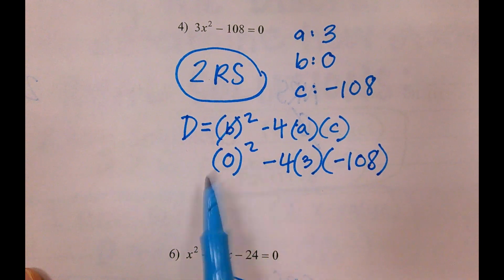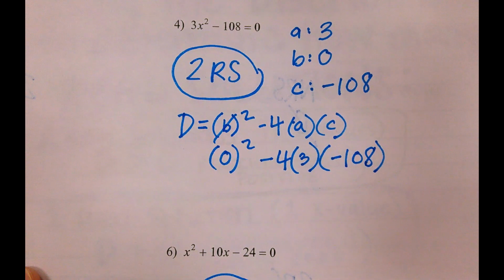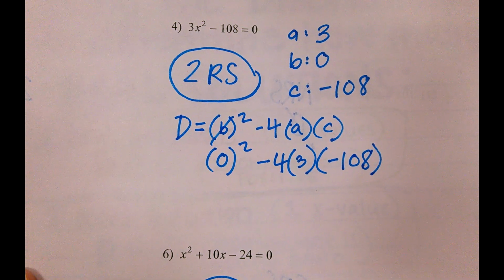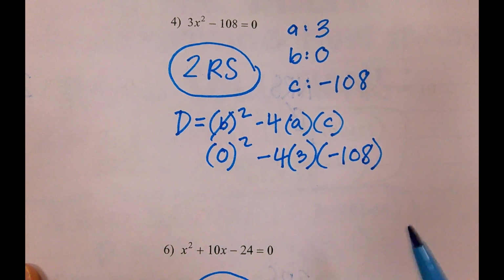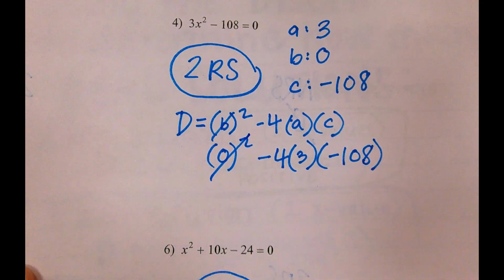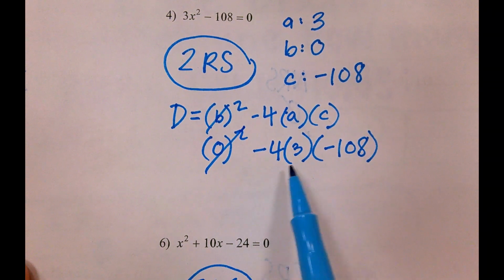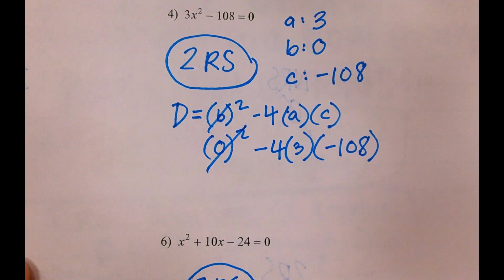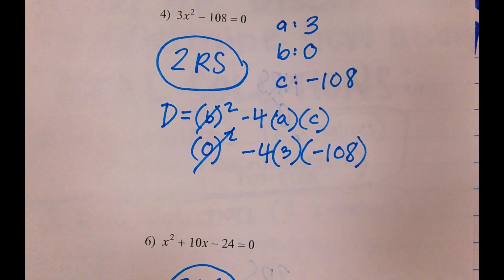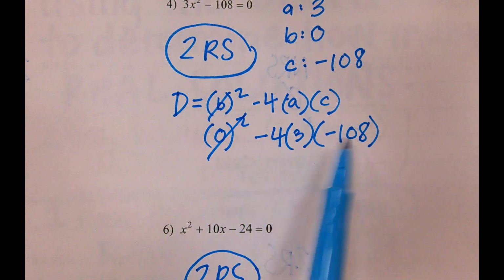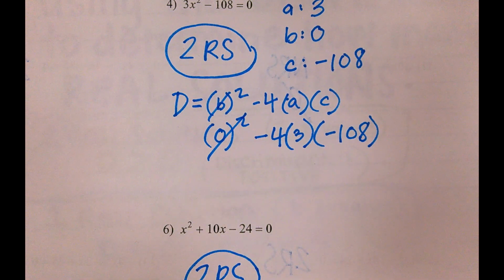And then what would happen here with 0 squared just goes away. 0 times 0 is 0. It's gone. Bye-bye. Now all that's left is -4 times 3 times -108. And this is the mistake I saw in a couple people's papers. Is this going to be positive or negative?